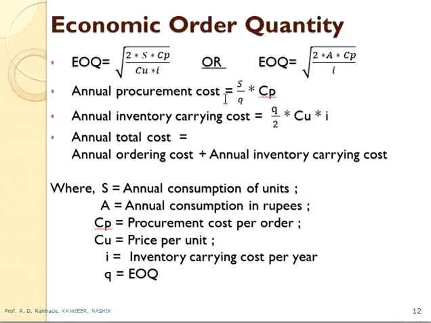Then annual procurement cost is S upon Q into CP. Annual inventory cost is Q upon 2, where Q is nothing but the economical order quantity, into CU into I. Then annual total cost is annual order cost plus annual inventory carrying cost.